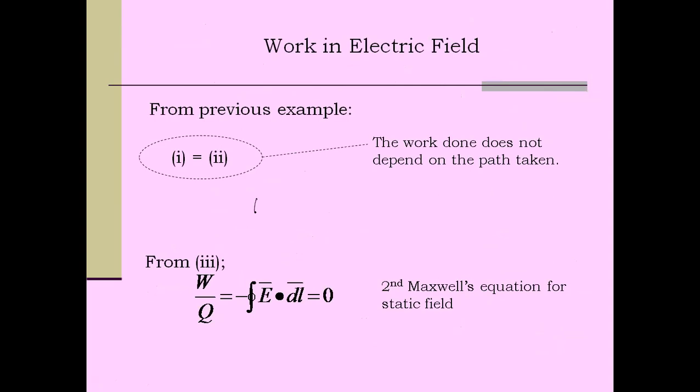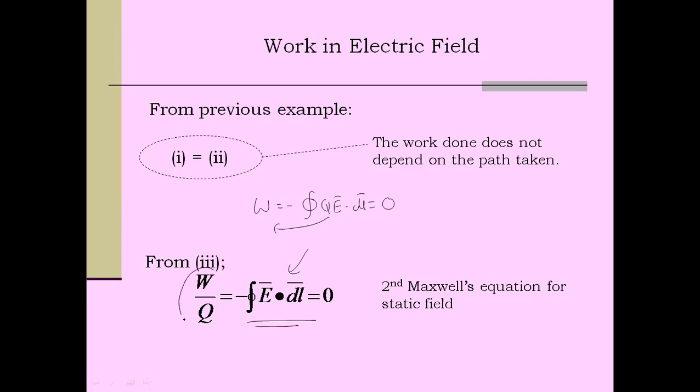From the equation just now, where we have W as the negative integration of QE dot dl, from the definition of the work in moving a charge that we learned in the previous slide, if we consider a closed loop movement, we are dealing with a closed loop integration like this. If we bring the charge Q to the left hand side, we get the work per unit charge as the negative closed loop integration of E dot dl equals zero.